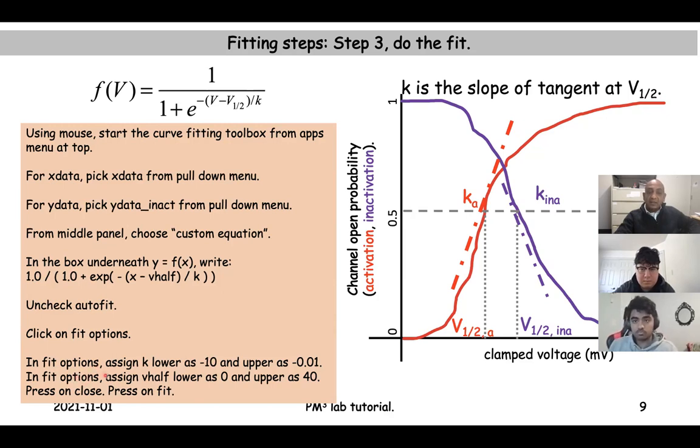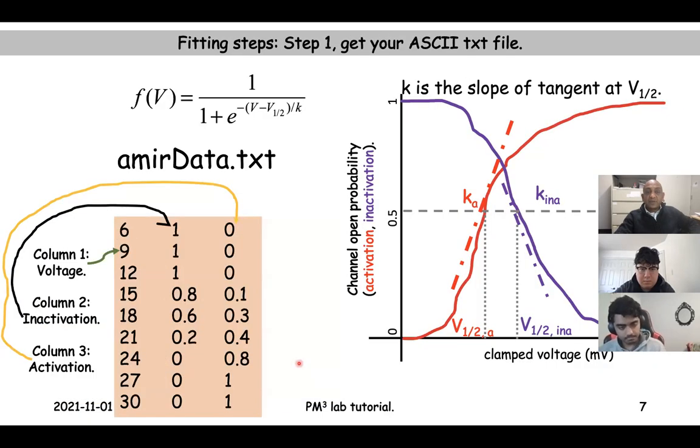In the fit options, you should also assign lower and upper values to V-half as something between 0 and 40. The reason I pick 0 and 40 is because my voltage runs between something slightly more than 0 and something slightly less than 40. So you read whatever voltage you have here.